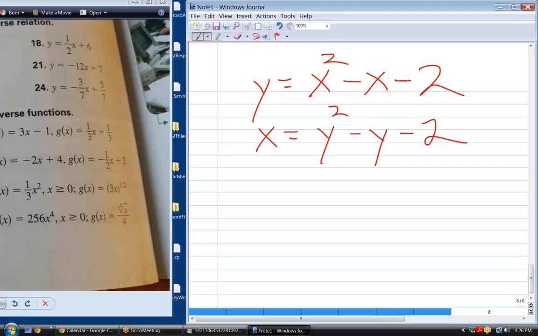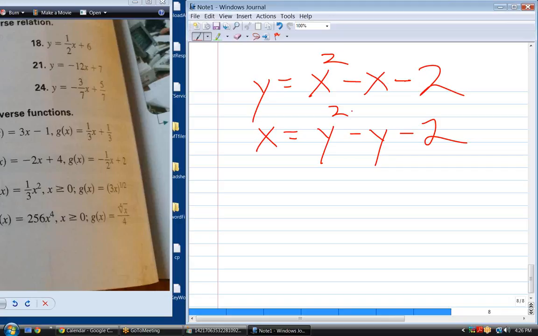Now, how do you solve that for y? Can't do it, can you? No. It's very hard.